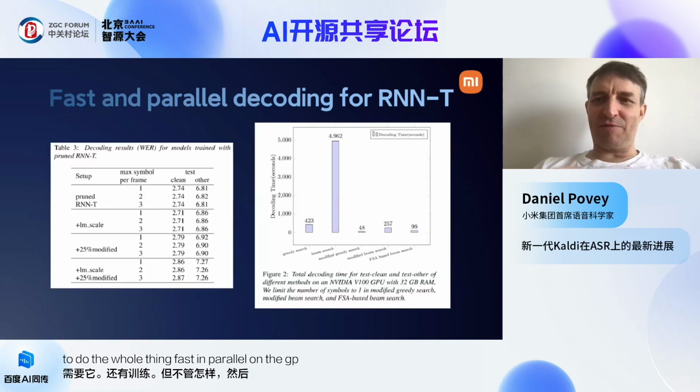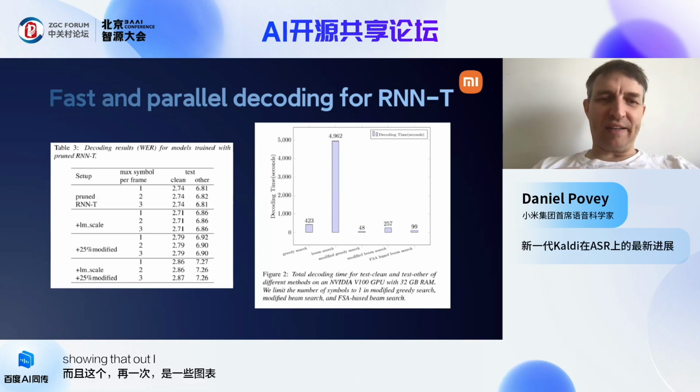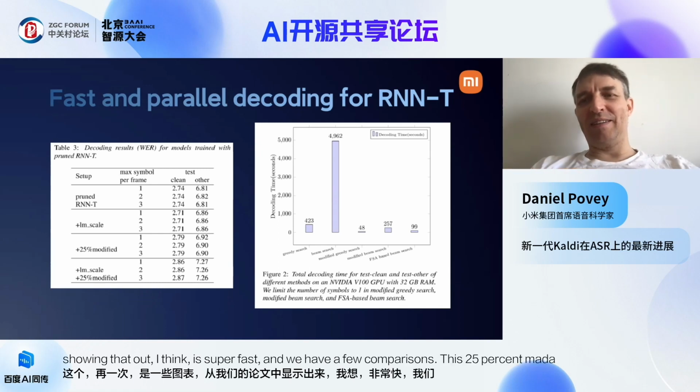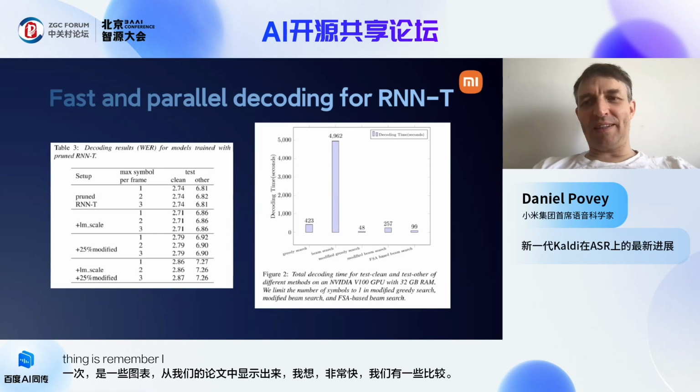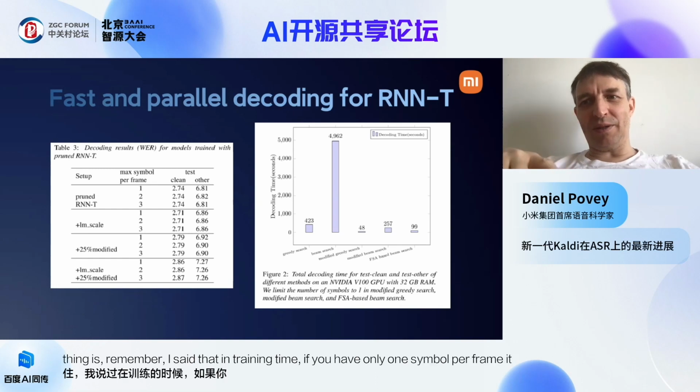And this again is some graph from our paper showing that our thing is super fast. And we have a few comparisons. This 25% modified thing is, remember I said that in training time, if you have only one symbol per frame, it doesn't work so well.